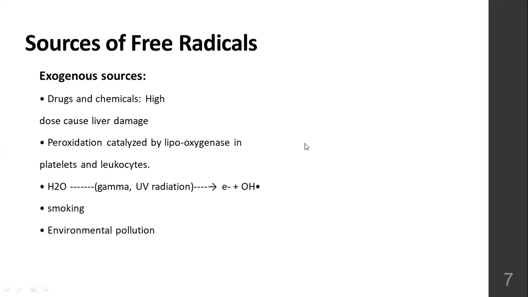When you are out in the sun for a long period of time, or if you are working in a radiology department where you are exposed to a lot of X-ray and gamma radiation, or out in the sun for a long time without any protection, UV radiation can react with water in your body and lead to free radicals.